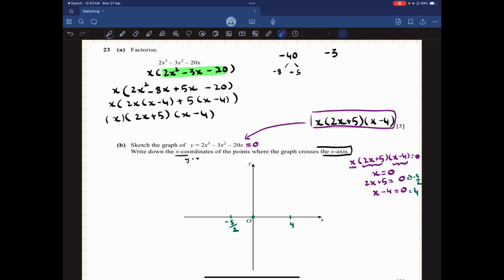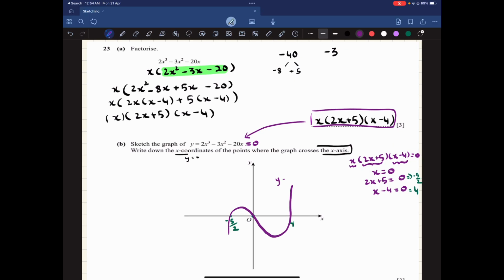And because the coefficient of x cubed is positive, it's going to be a maximum-minimum curve like this, right? Since the x cubed is positive, our graph is going to be a maximum-minimum curve. So something like this, and you can just label it.